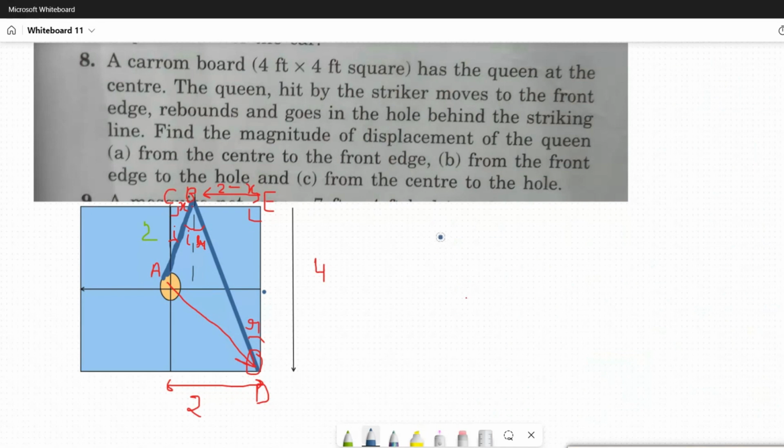Now let's solve the second part, which says from front to the hole. This length would be BD. Now again applying Pythagoras theorem in triangle BDE, we get BD square is equal to BE square plus DE square.